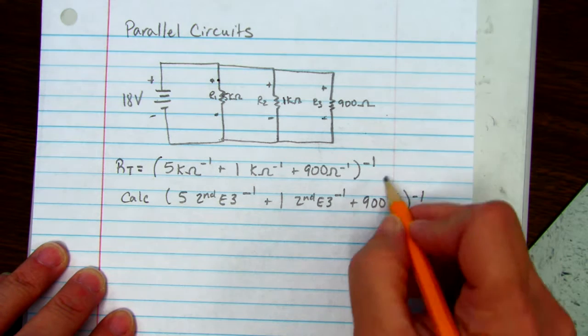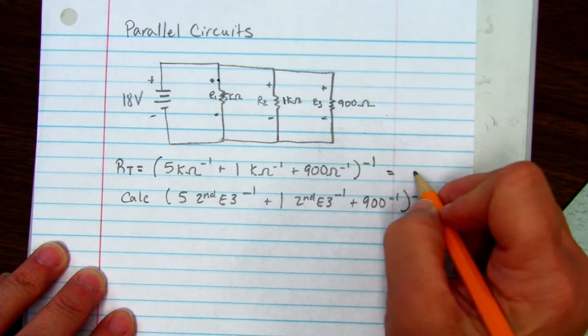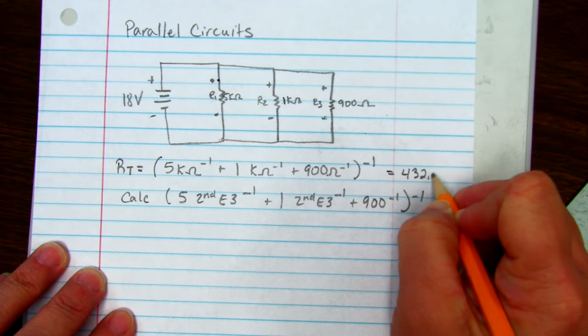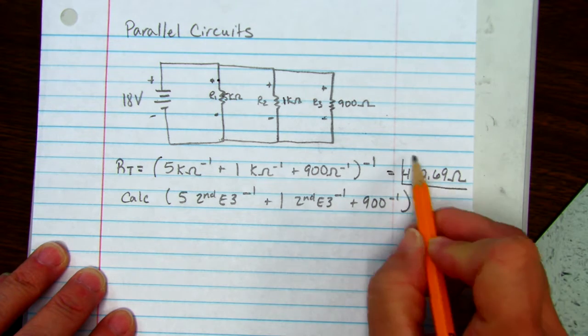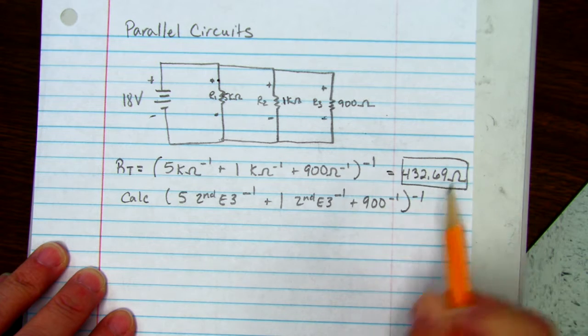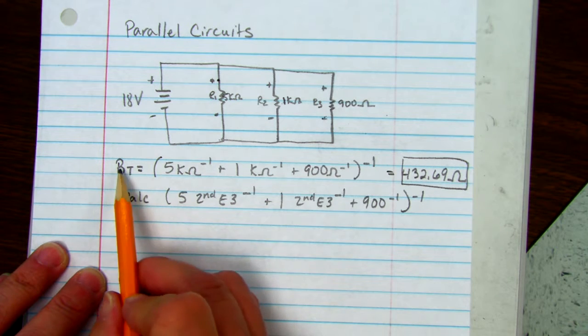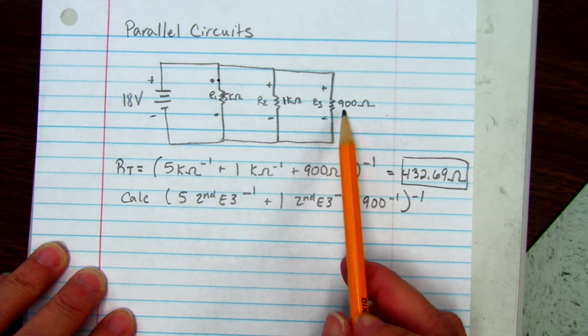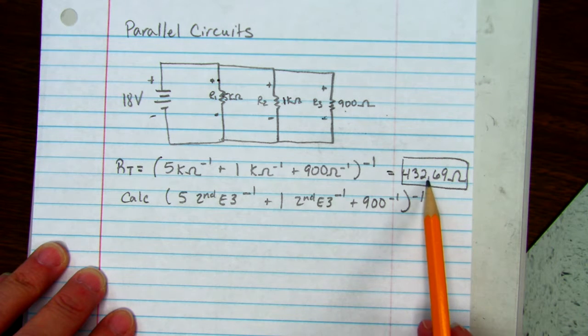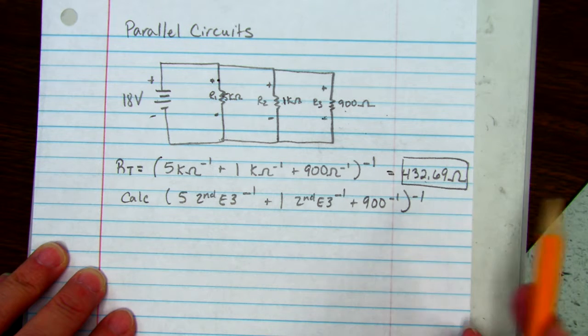Your answer should have been 432.69 ohms. And a check on a parallel circuit, your total resistance is going to be smaller than the smallest resistor. The smallest resistor in this circuit is 900 ohms, so 432.69 ohms makes sense.